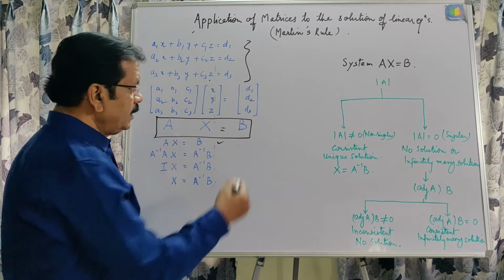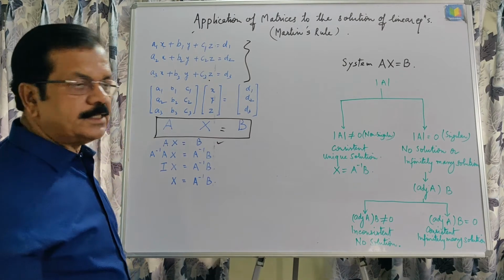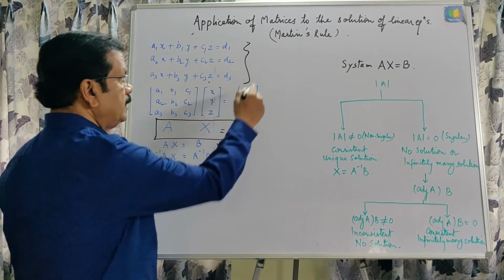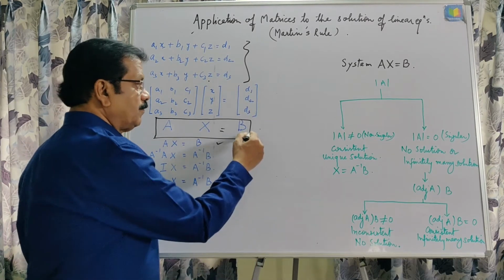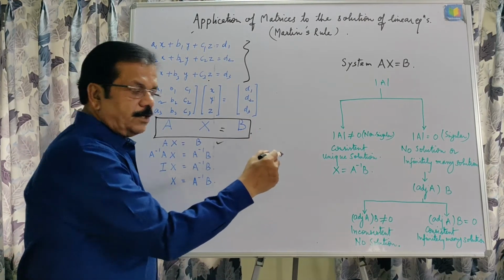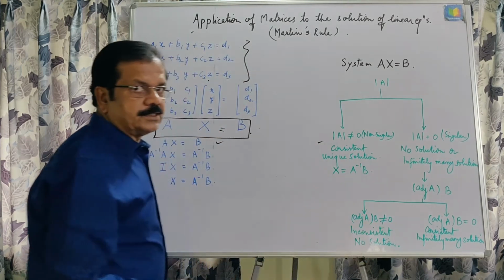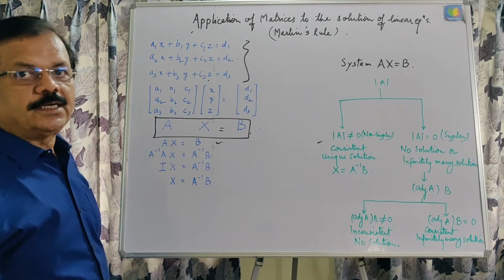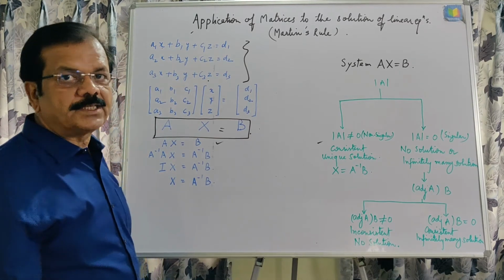If the system has no solution, we say it is inconsistent. In this we get two types of question: test the consistency or inconsistency of the system.